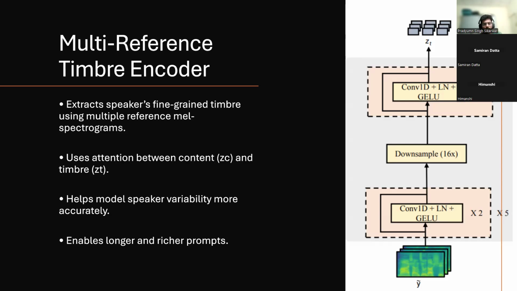This is the whole procedure, and that is how ZT is generated. Once ZT is generated, using an attention mechanism we combine our ZT with the content. Here we are successfully able to split our whole problem into two sections, which earlier zero-shot TTS models were not able to do.